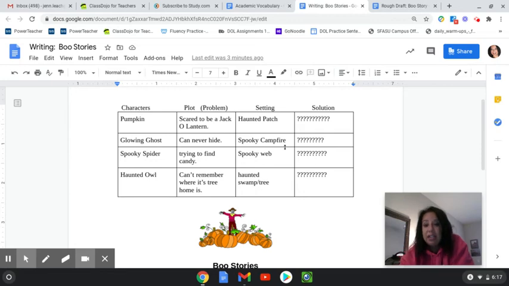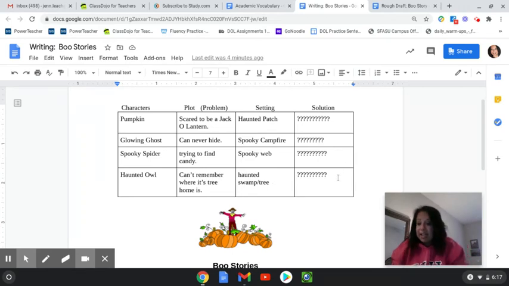And he's going to have to look in his spooky web. And then you, the student, will need to figure out how we're going to solve the problem of trying to find candy. Oh my gosh. Last but not least, you can choose to be a haunted owl who can't remember. Get it? Who can't remember where its tree home is? Well, he'll be in a setting for your haunted tree or swamp, and you will need to come up with the solution.